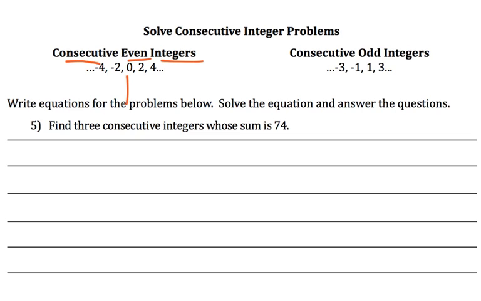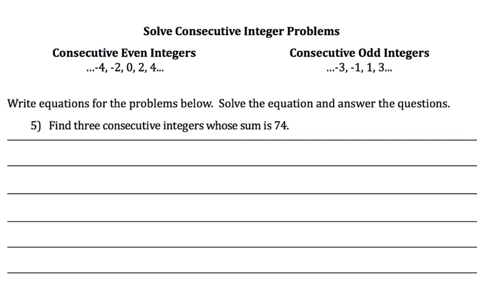If I was walking towards 0, I would say -4, -2. I'd step at 0, and then I'd say 2, 4, 6, 8, and so on. Whoops, that was supposed to be an erase. As far as consecutive odd integers go, we're not going to see 0 because it wouldn't stop at 0. I would say -3, -1, 1, 3.